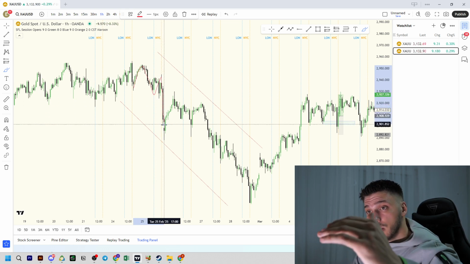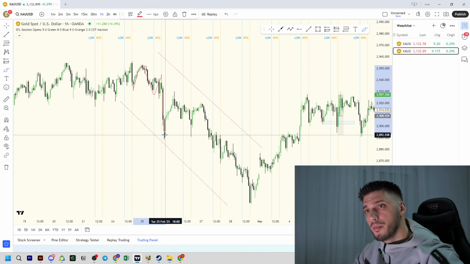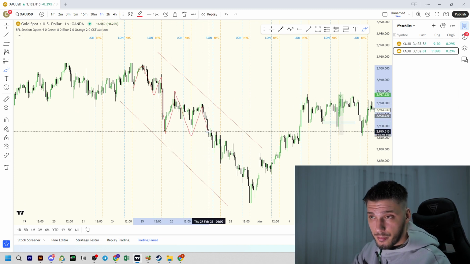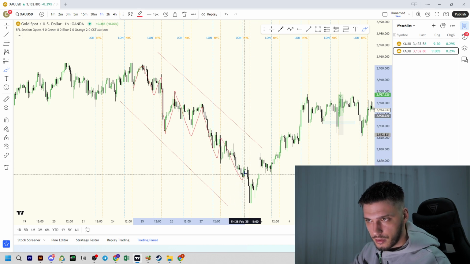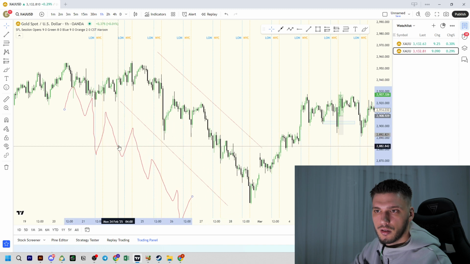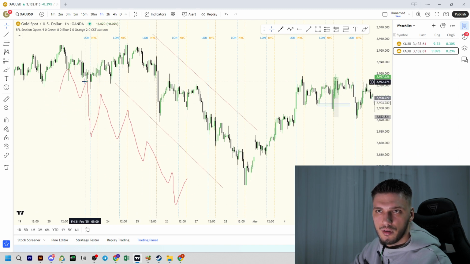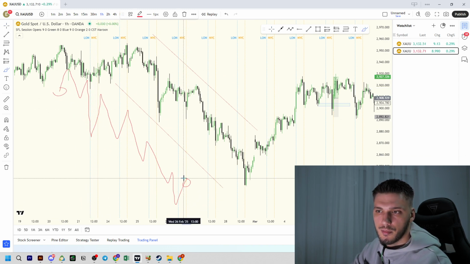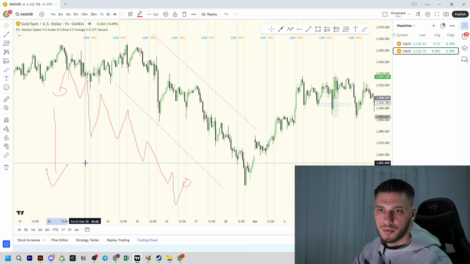Then price moves down again, which is a way bigger move than the price moving up. And price moving down again and up, down, up, down, up. If I pull this aside, we could see that almost every move down was bigger than the move up. That's why price was here and then it came here, which means price dropped down.